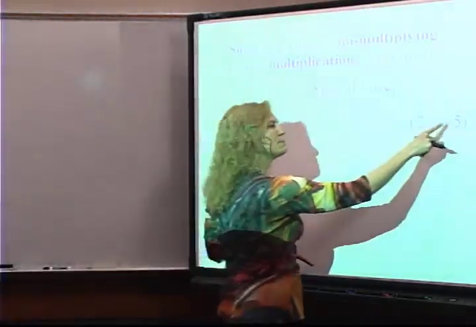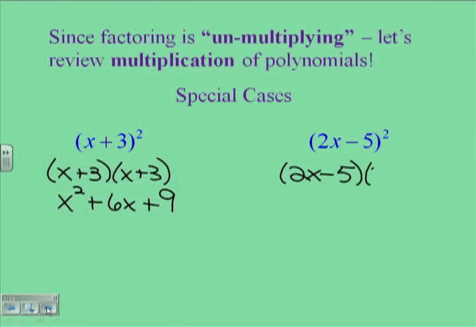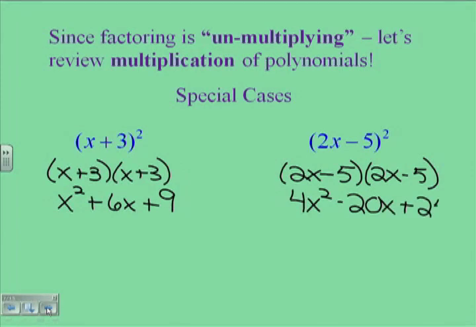Well, on the (2x - 5) quantity squared, it means take it times itself. And that would be 4x squared minus 10x minus 10x plus 25, which is 4x squared minus 20x plus 25.